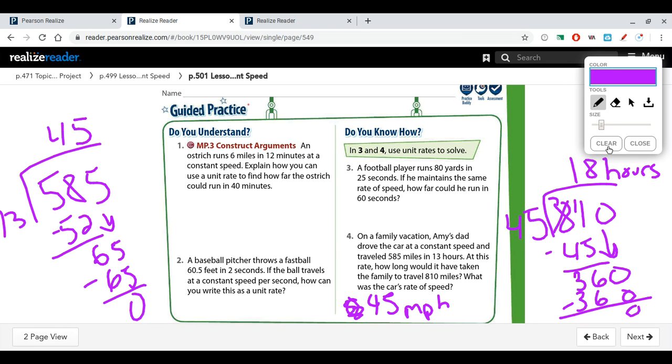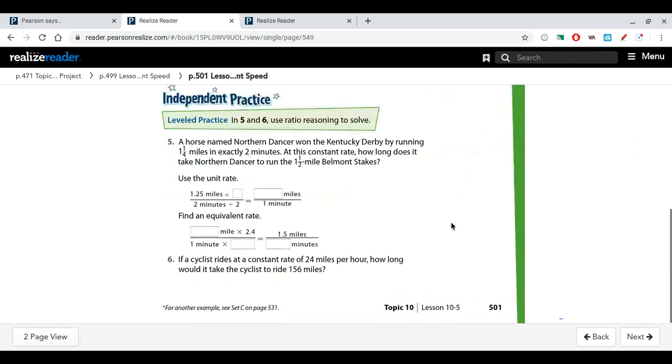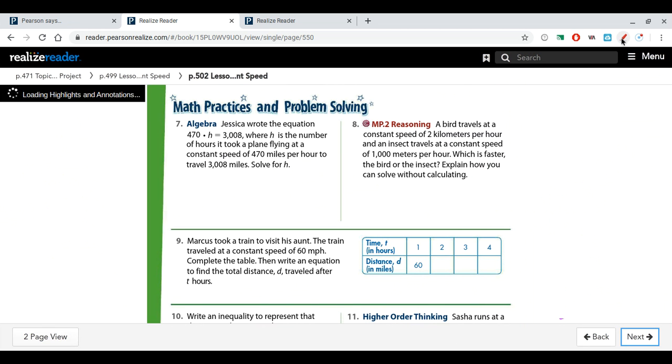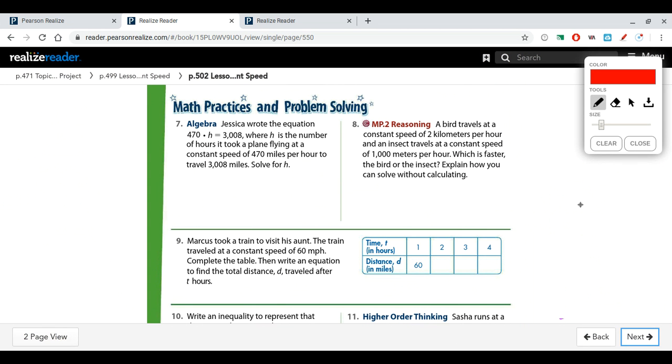All righty. So your independent practice, you're going to do 5 and 6 on the front side. So you're going to be looking at using ratio reasoning to solve. And then when we take a look at your math practices and problem solving, I would like for you to go ahead and do 7, 8, and 9.